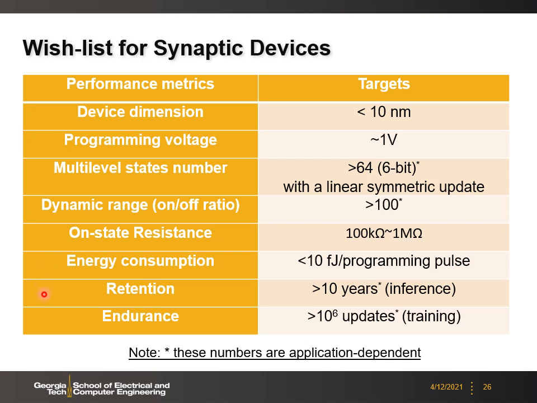Device retention should be good, larger than years for inference, and the device endurance should be larger than 10 to the power 6 updates for training. Of course, all of those numbers here are application dependent. That means we have to consider the problem size, the data set, and so on.